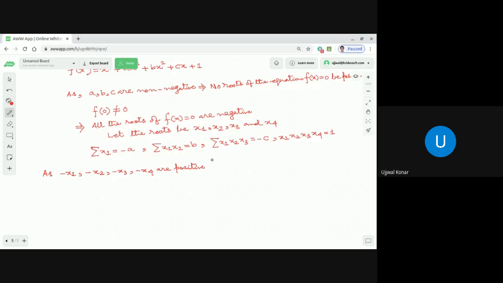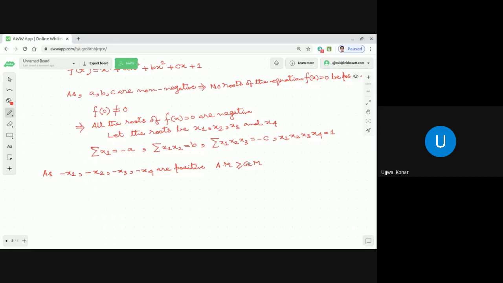as all these numbers are positive, we know that the arithmetic mean is greater than or equal to the geometric mean, dear students. What is the arithmetic mean of these numbers?